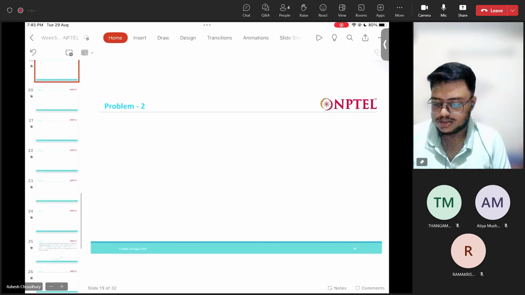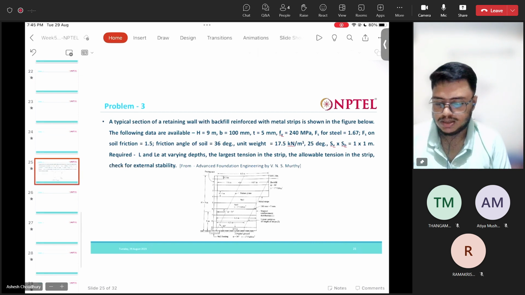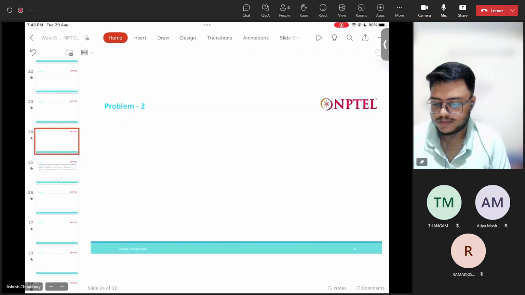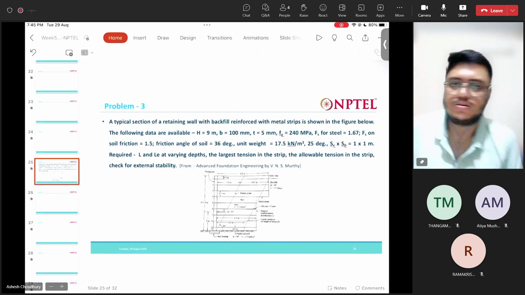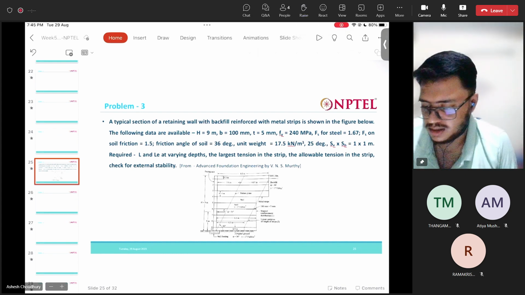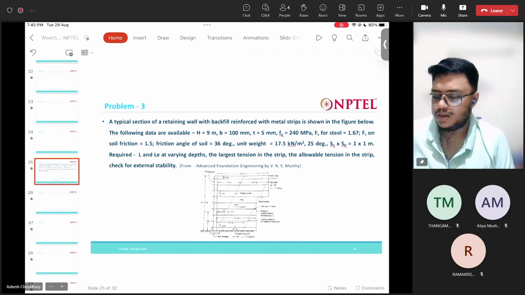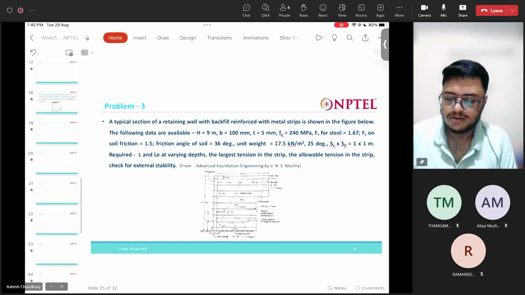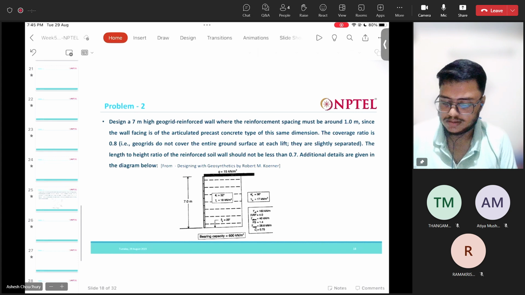Let us go to problem 3, because this will be a little bit shorter. So in 20 minutes probably we will be able to finish it.